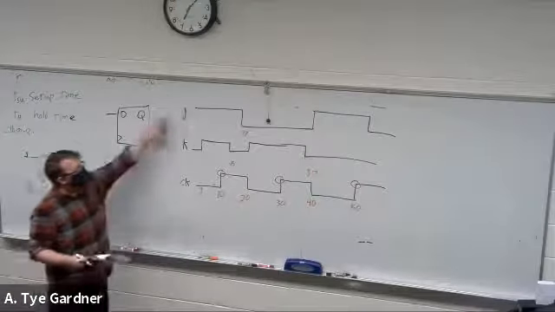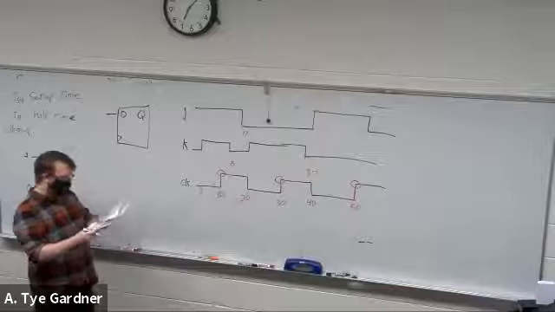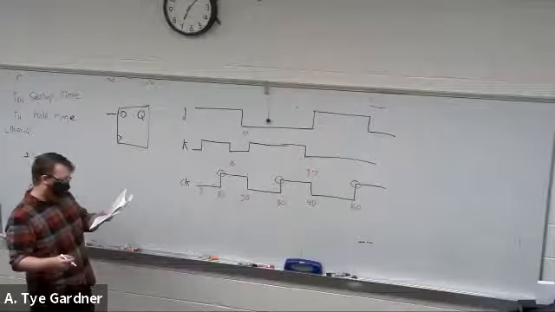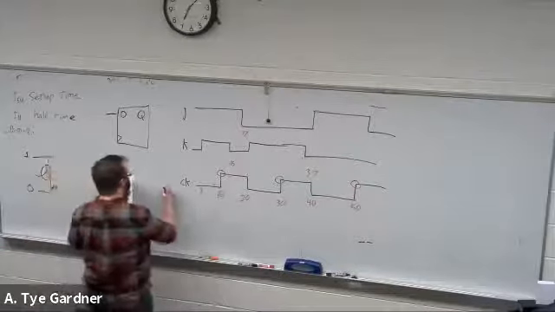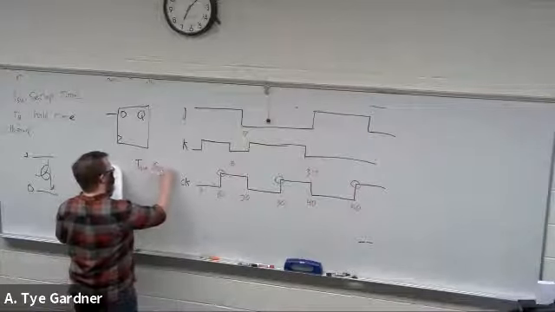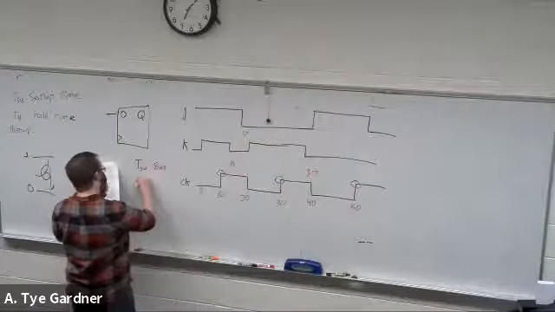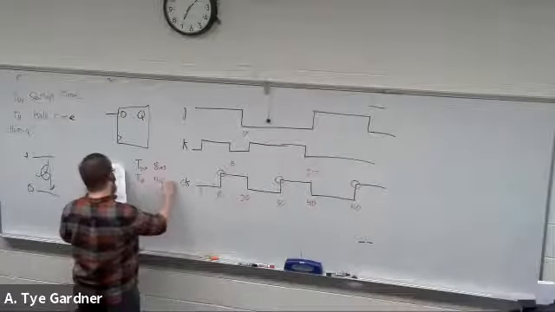So I have two inputs in this case, both J and K. So let's say that my TSU is 8 nanoseconds, and my T hold is 4 nanoseconds.